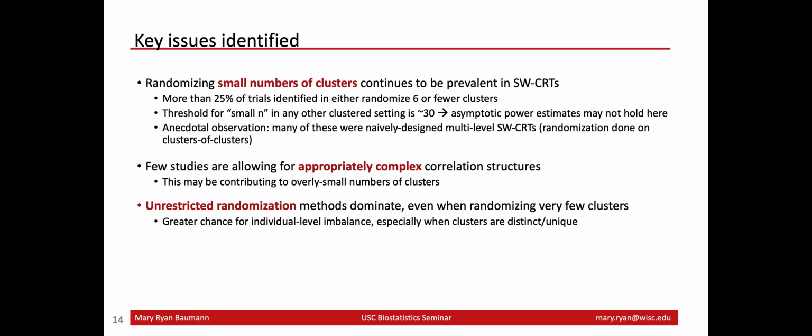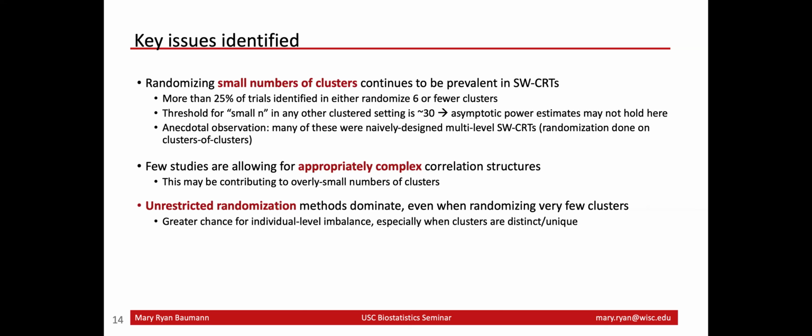As an anecdotal observation, I found that quite a number of these were actually naively designed multi-level step wedge trials, so the randomization was done on clusters of clusters. So it's not quite as bad as it could be. There's still room for improvement, but it's not just people randomizing super small numbers of clusters because they think they can get away with it.